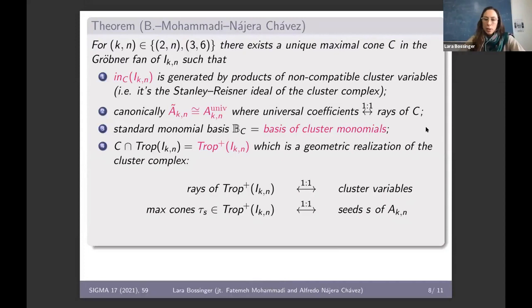And now we can also look at the tropicalization of these cluster ideals and their positive parts. So if you take this maximal cone C and you intersect it with the tropicalization of the ideal, what you obtain is exactly the positive part of the tropicalization. So in particular, we get the following bijection.